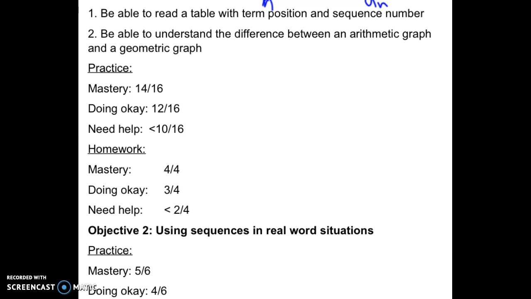On the homework, they each have four parts, but I just did it by problem. There's 4 problems you'll have to do. I'm setting the bar really high because I do feel that you guys can be very successful with this. Mastery will be 4 out of 4, doing okay is 3 out of 4, and you need help is 2 out of 4.